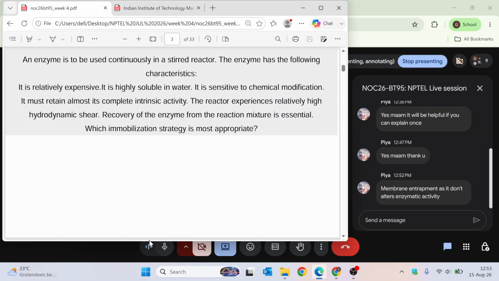Okay, one person has said membrane entrapment, as it doesn't alter the enzymatic activity.